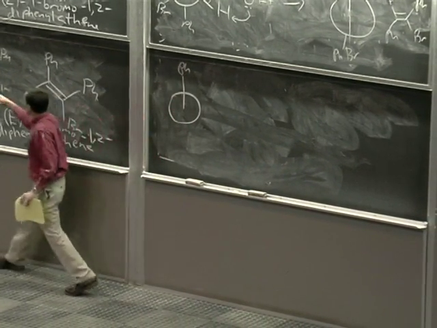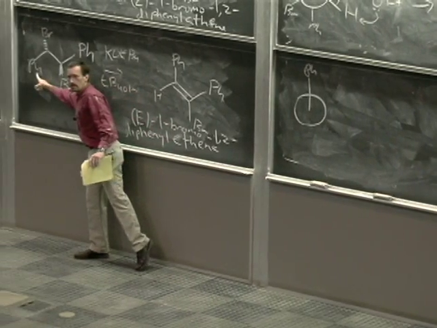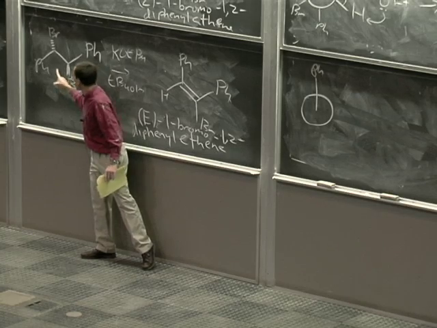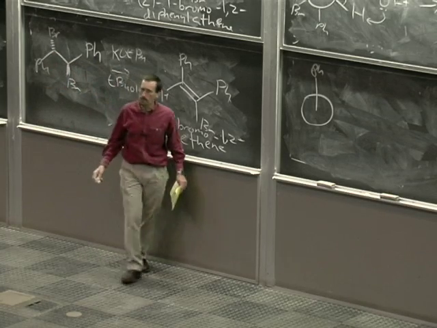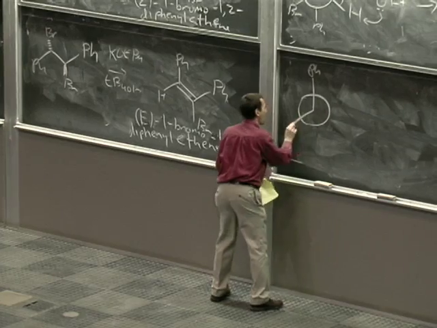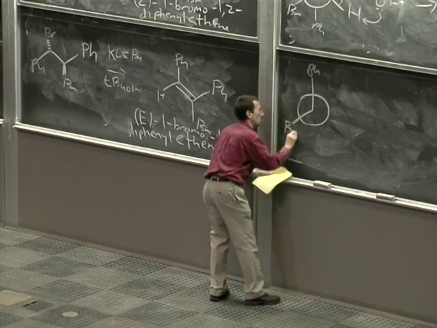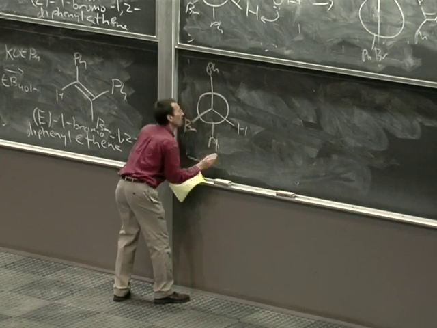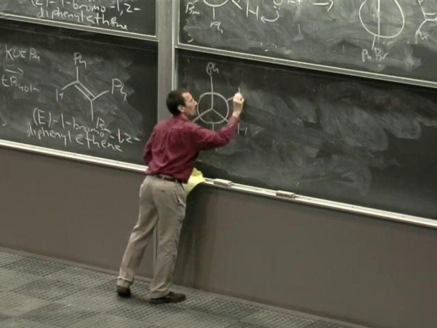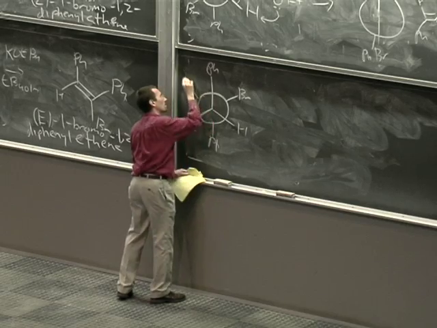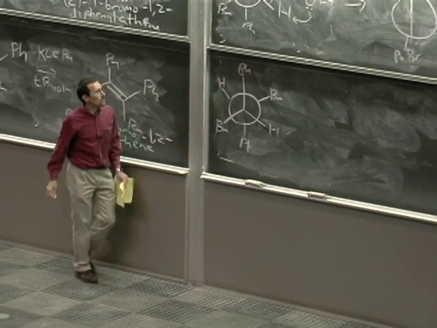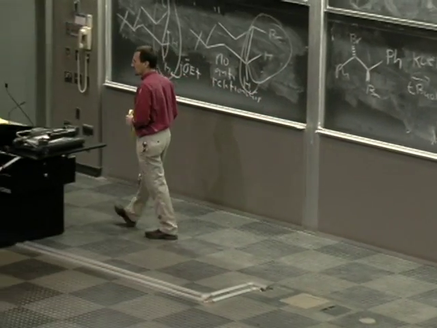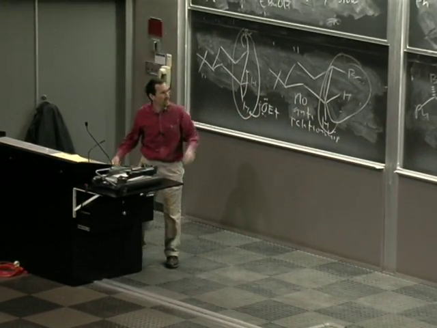So we had a phenyl group here, a phenyl group here, a bromine on what's going to become the front carbon coming out at us, and a bromine on the back carbon going back. So this is a Newman projection of the molecule as I've drawn it on the bottom center board.